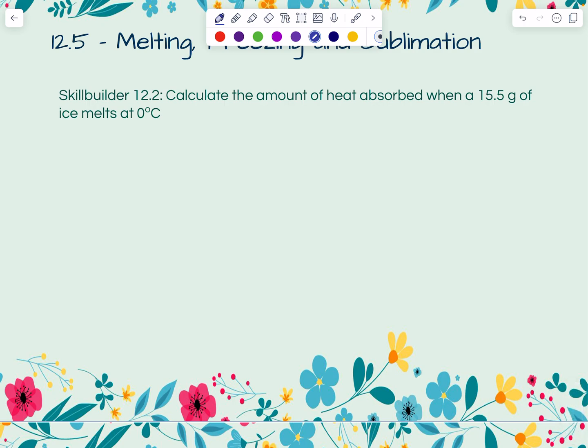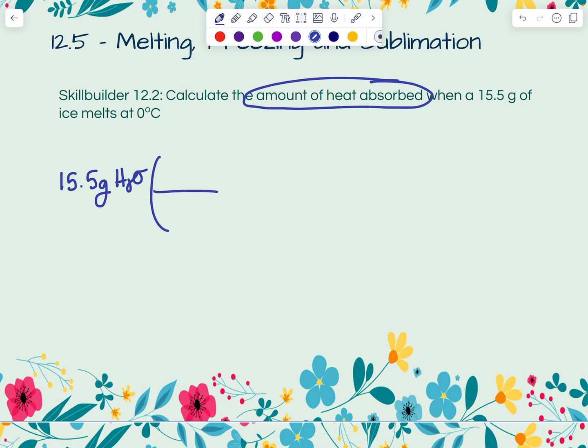So this next one, see if you can try this one on your own. Calculate the amount of heat absorbed when 15.5 grams of ice melts at 0 degrees Celsius. So pause and try this problem. So what you would do is you would take 15.5 grams of water. Of course, we need to get that into moles. So 1 mole of water is 18.016 grams of water.